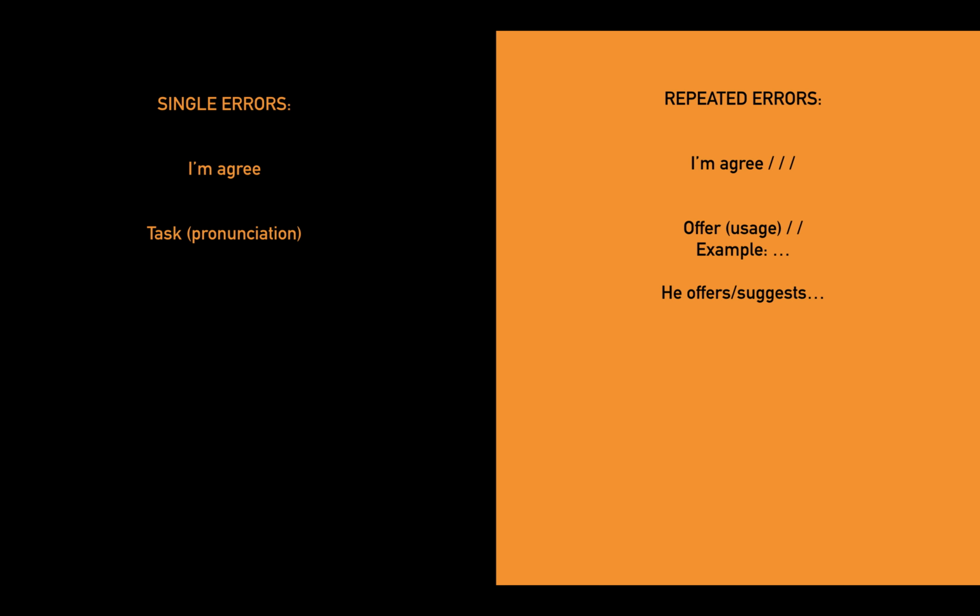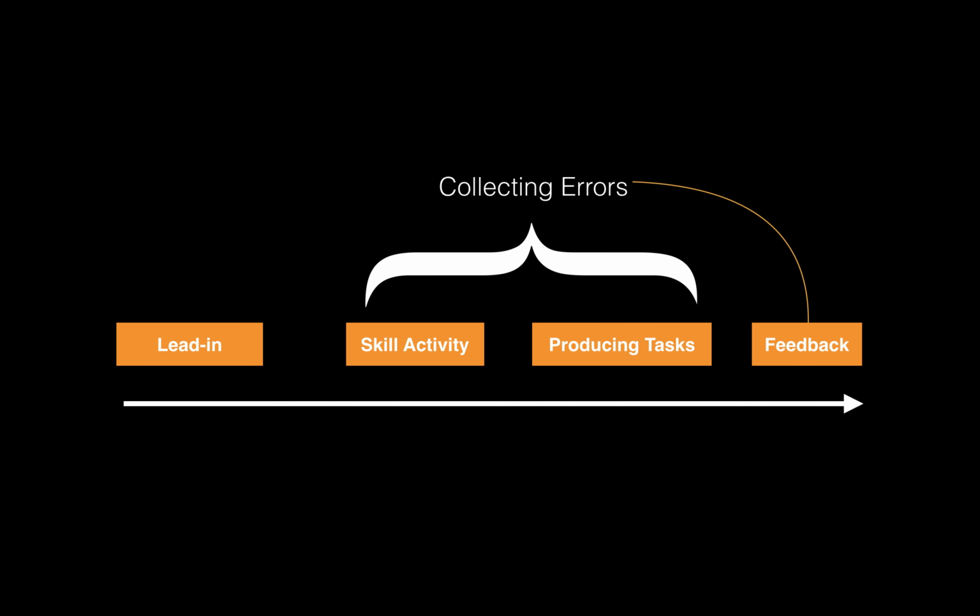But when you're working one-on-one, then of course the right column will be basically all about the mistakes of one student. So after you collect these errors during two stages, they can be sub-stages, of course. There can be several producing tasks. There can be a presentation part between skill activity and producing task, of course.